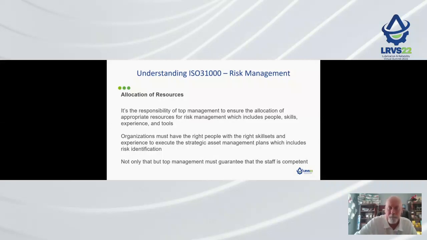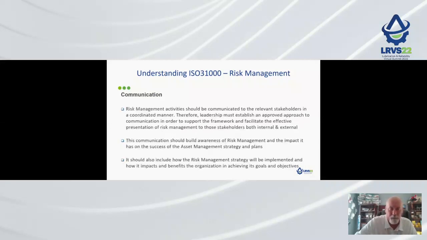All right, so then from the resources, the next clause and the next element is this really important thing called communication. We cannot over communicate, okay? When I talk about leadership, one of the things that we talk to leadership about is that we have to develop a communication plan. What is the audience? What's the message? And be consistent with that message.